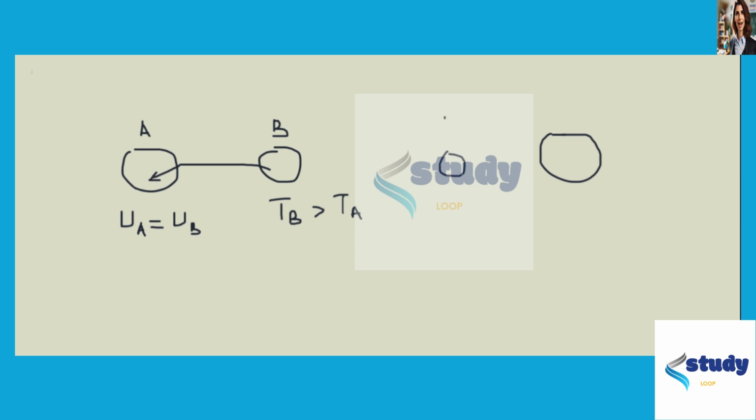Let's say this is object A and this one is object B. Let's say in this case, the total internal energy of object B is greater than the total internal energy of object A.